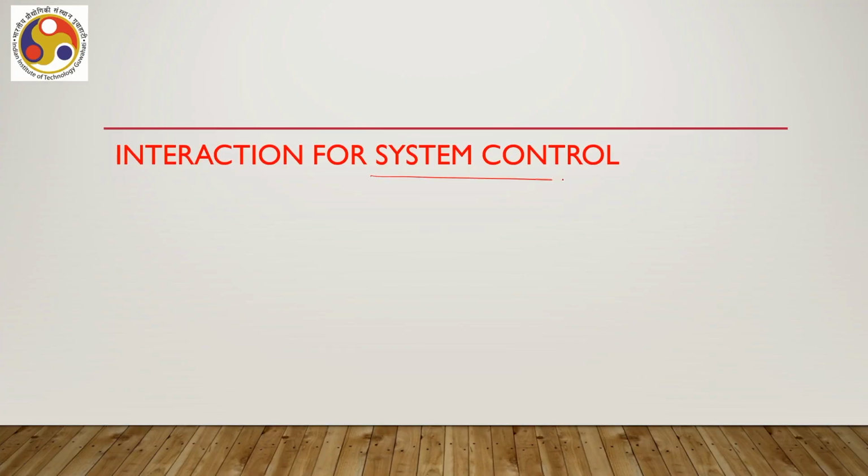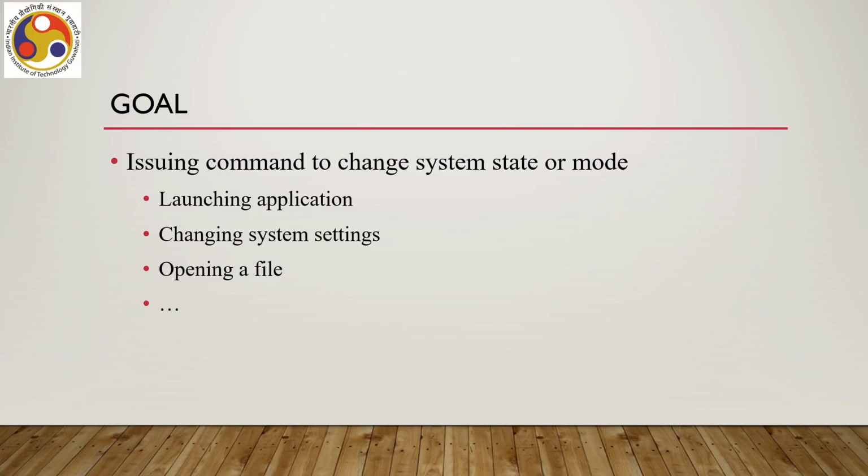The third interaction technique is interaction for system control. Here the goal is issuing commands to change system state or mode, such as launching an application, changing the system settings, opening a file and so on, most of the regular operations that are associated with using any software.